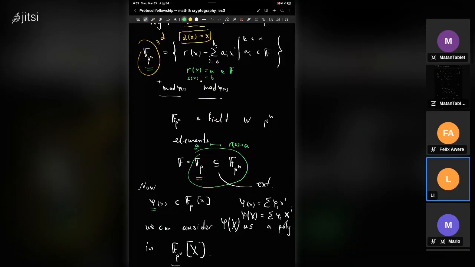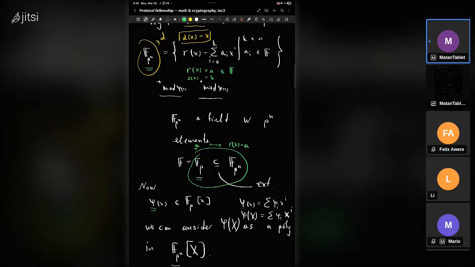Okay, this is a general principle. Whenever you have a field extension and you have a polynomial over the small field, you can consider this polynomial over the big field because all the coefficients of the polynomial are in the small field, and you can think of the small field as embedded into the big field.